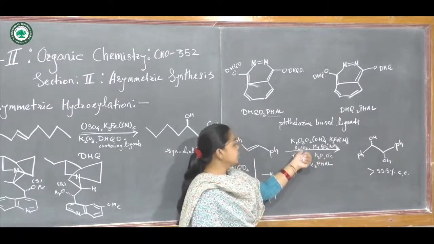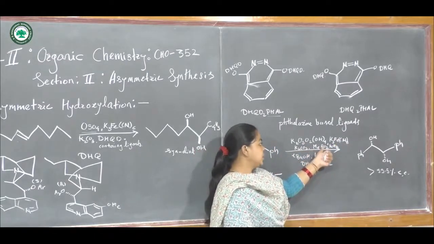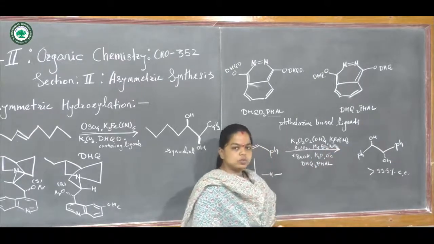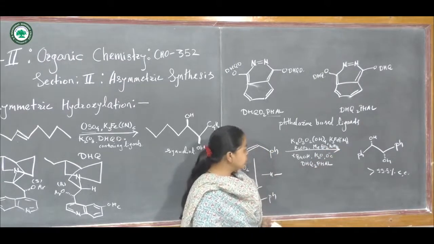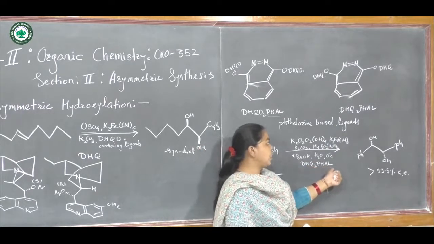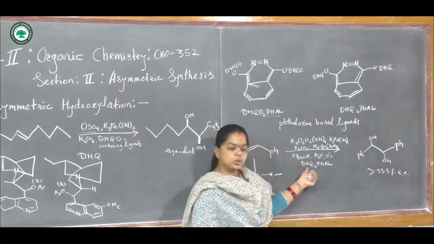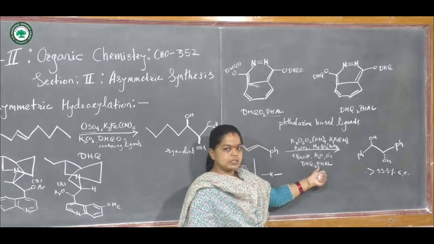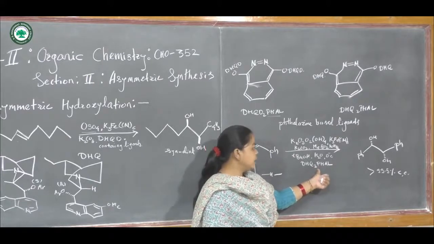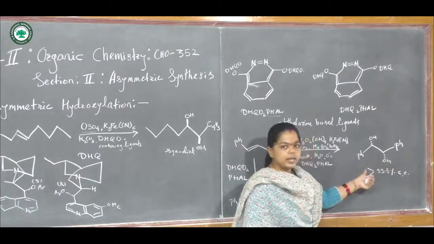Additives like potassium carbonate and methane sulfonamide are also used. So a number of reagents are used along with (DHQ)2PHAL. Now this dihydroquinine phthalazine is used as the chiral ligand here. So we are getting the alpha oriented diol.